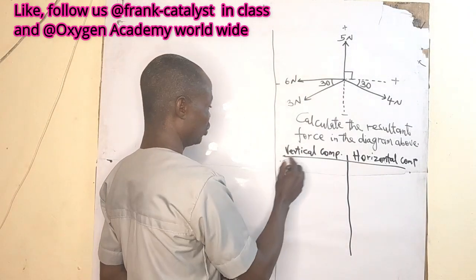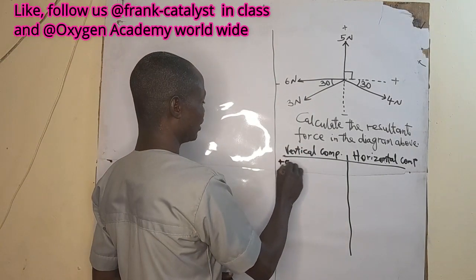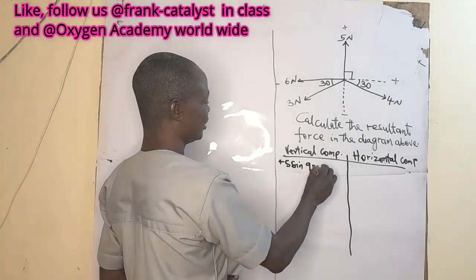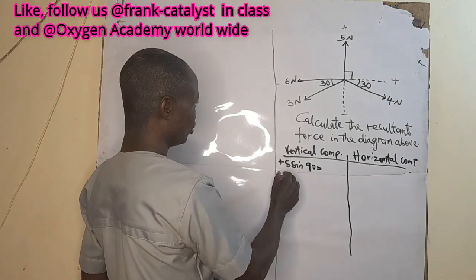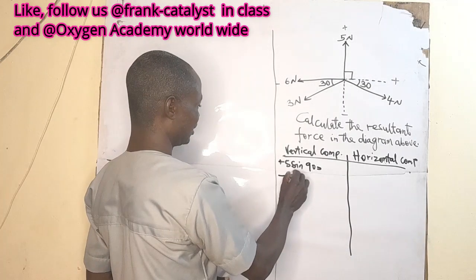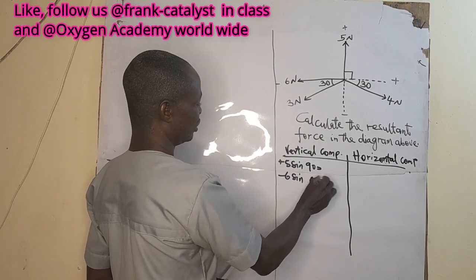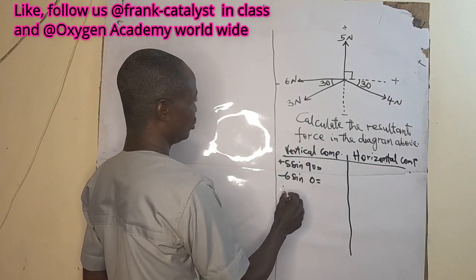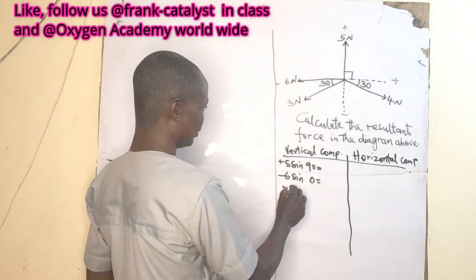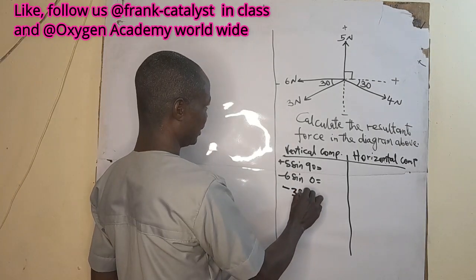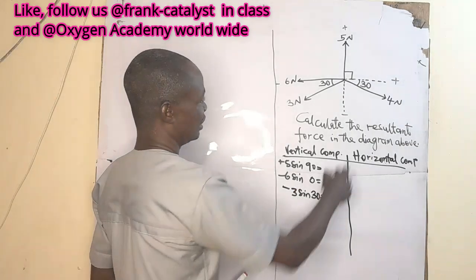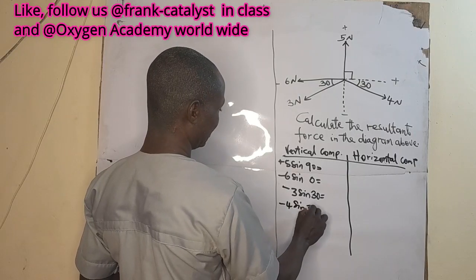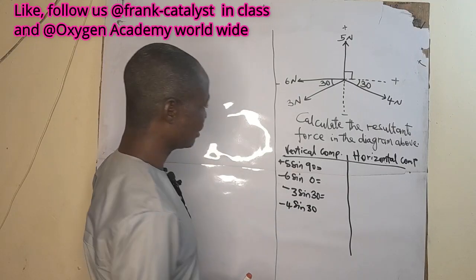So here we have plus 5 sine 90, and then minus 6 sine 0, then minus 3 sine 30, and then minus 4 sine 30. So these are the forces.